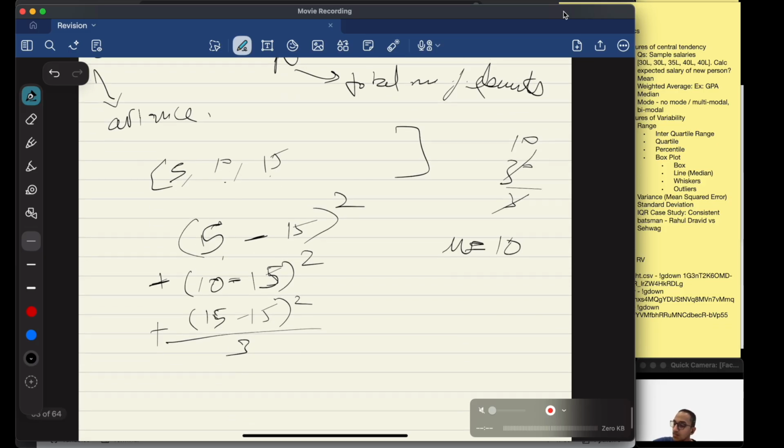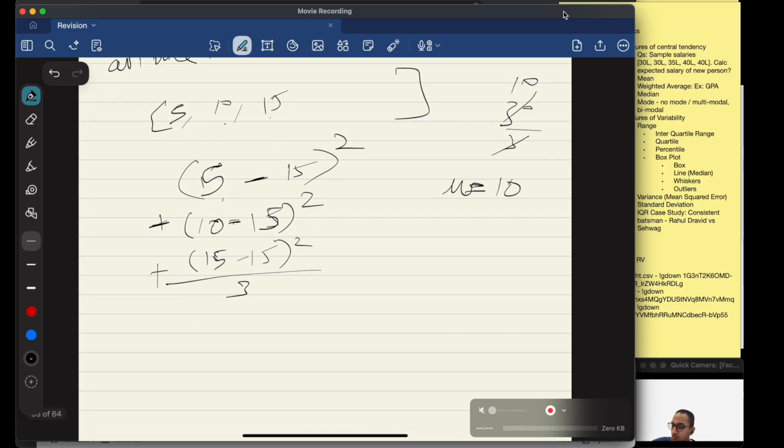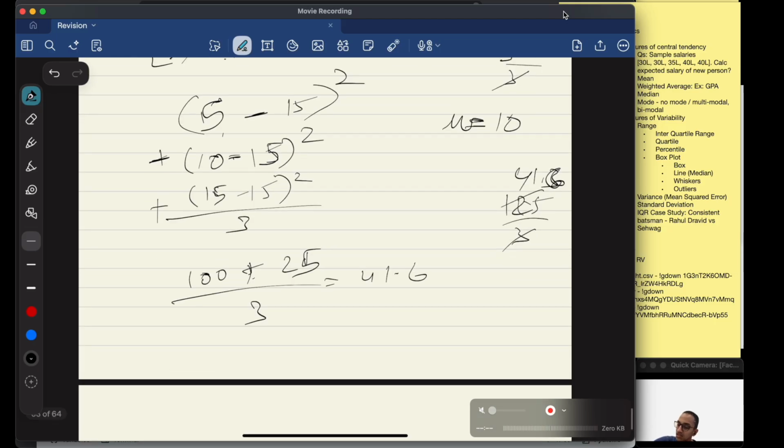Calculating this, 5 minus 10 is 5 square, 25, plus 10 minus 10 is 0, plus 15 minus 10 is 5 square, 25, by 3. So this will be 50 by 3, which comes to about 16.7. So the variance here, sigma square, is that value.